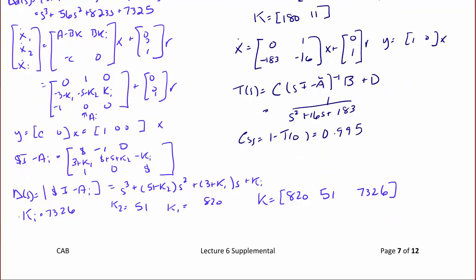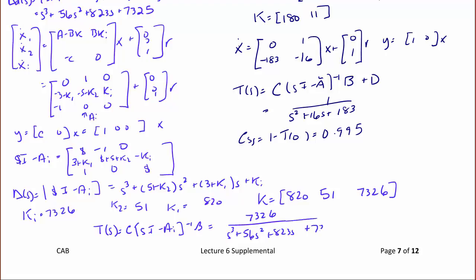We get the transfer function T(s) equal to C times (sI minus A_I) inverse B, which equals 7,326 over s cubed plus 56s squared plus 823s plus 7,326. So the steady state error is 1 minus T(0), which is equal to 0, which is what we wanted.